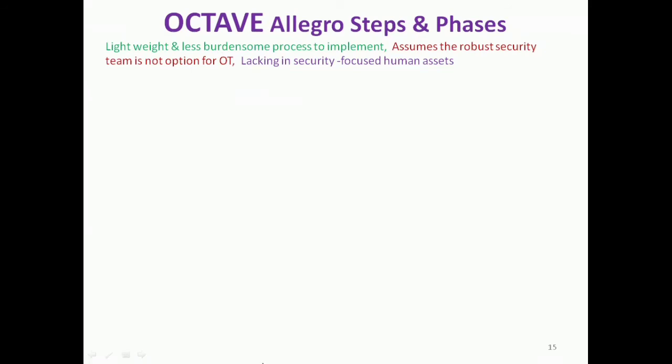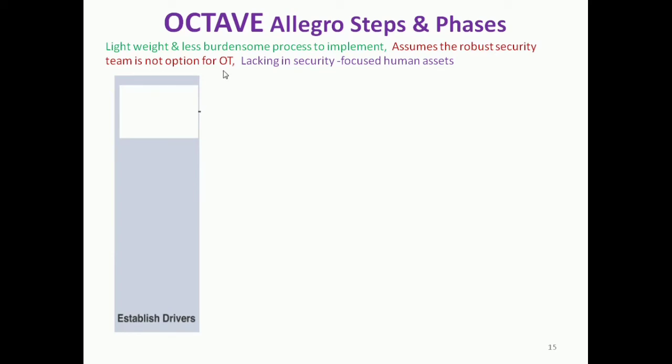So these are some vocabularies we have seen. Going through this one by one, this model is the OCTAVE Allegro steps and phases. It is a lightweight and less burdensome process to implement, right? The assumption made by OCTAVE Allegro is that a robust security team is not an option for operation technology, right? So we need to secure them.